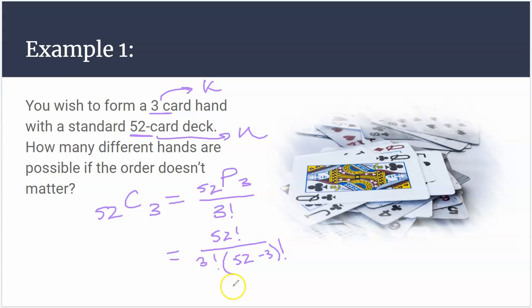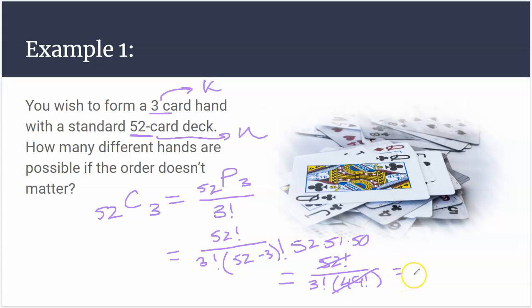This is why I suggest the calculator can do the work for you. But really, you can simplify this even more to 52 factorial over 3 factorial times 49 factorial, where this 49 factorial will cancel with this to make 52 times 51 times 50, and you divide that result by 6.